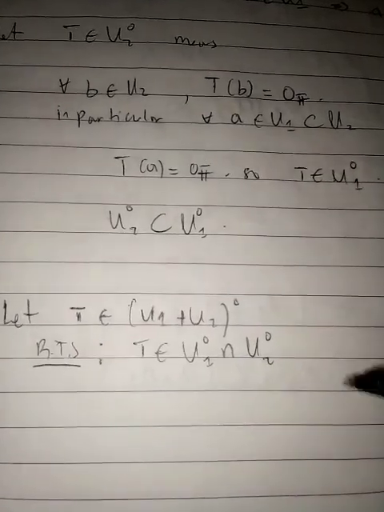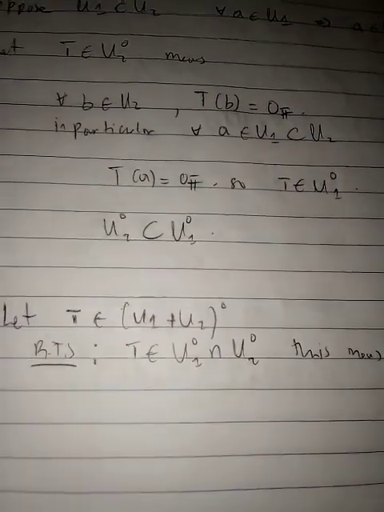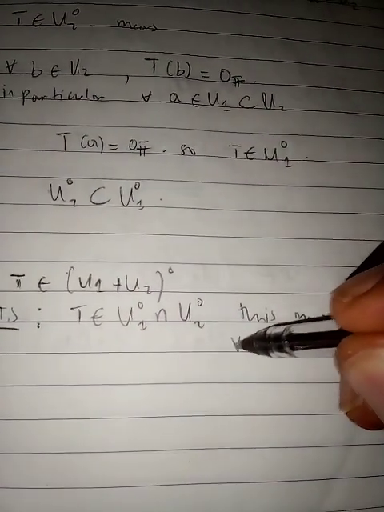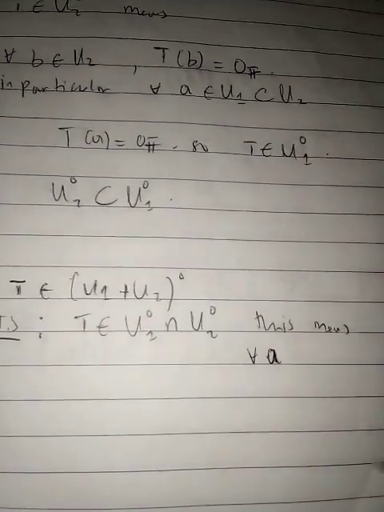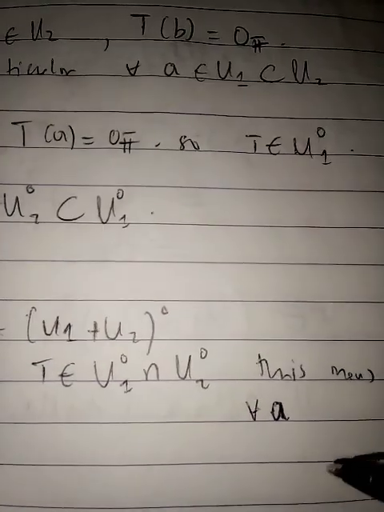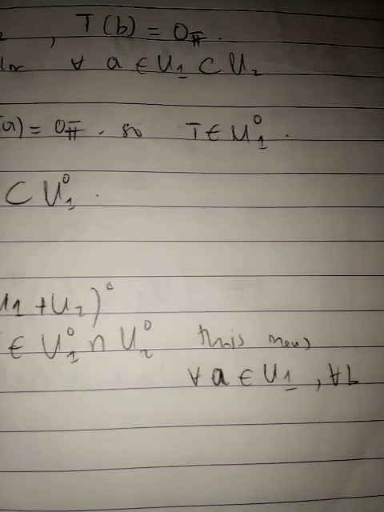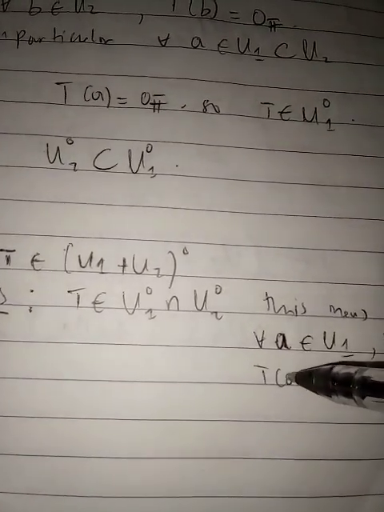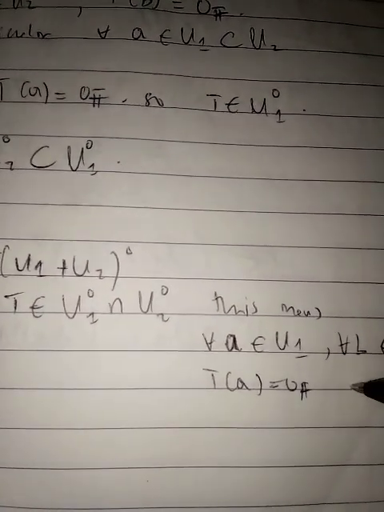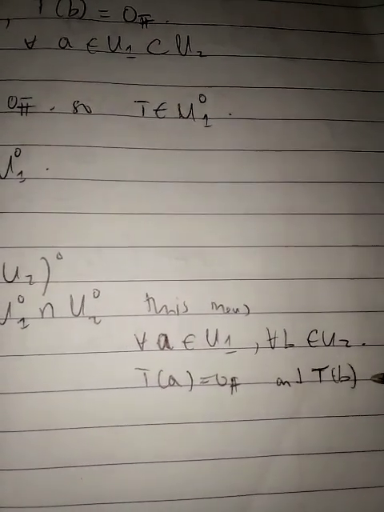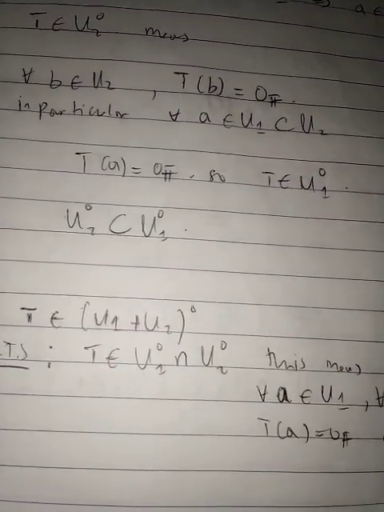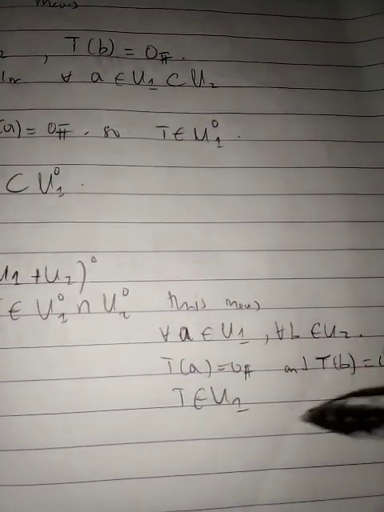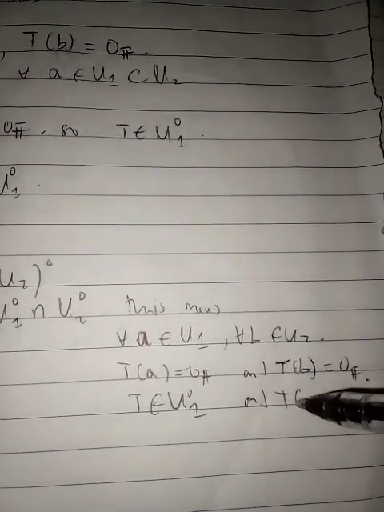But what does it mean? This means that, for all a element of U1 and for all b element of U2, T of a should be 0 of F and T of b should be 0 of F, because showing this means T should be an element of the annihilator of U1 and T should be an element of the annihilator of U2.